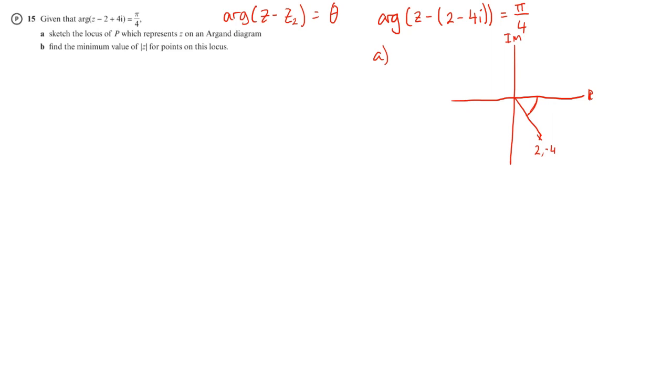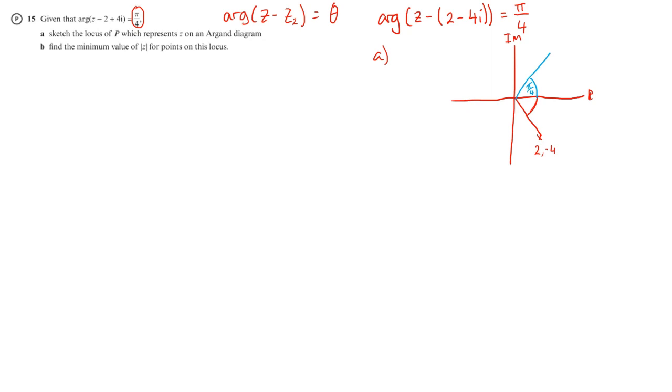The thing that's throwing me off though is that pi over 4 should be up here, because you can have negative angles, and this would be minus pi over 4 down here.